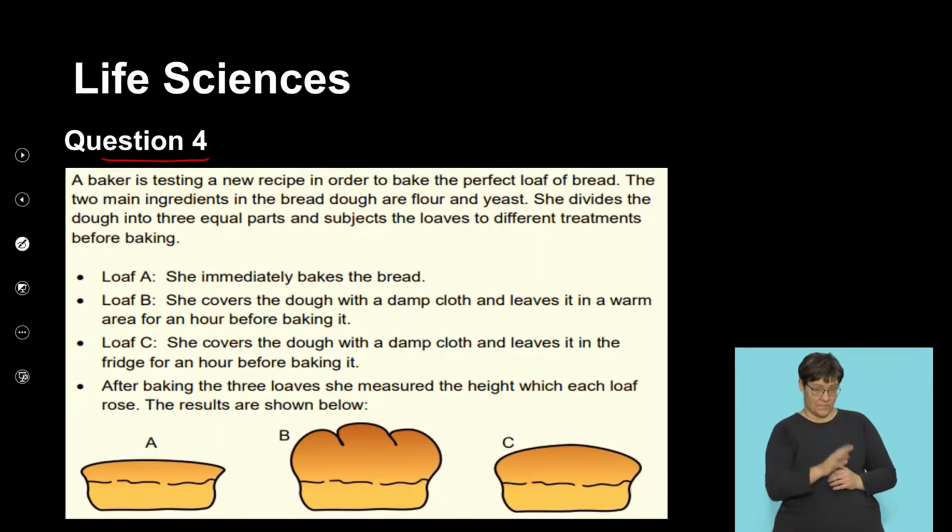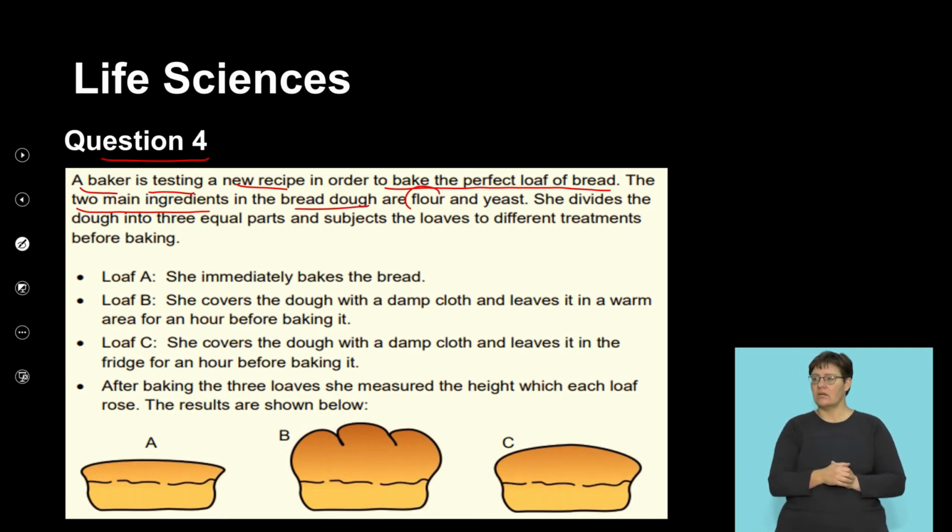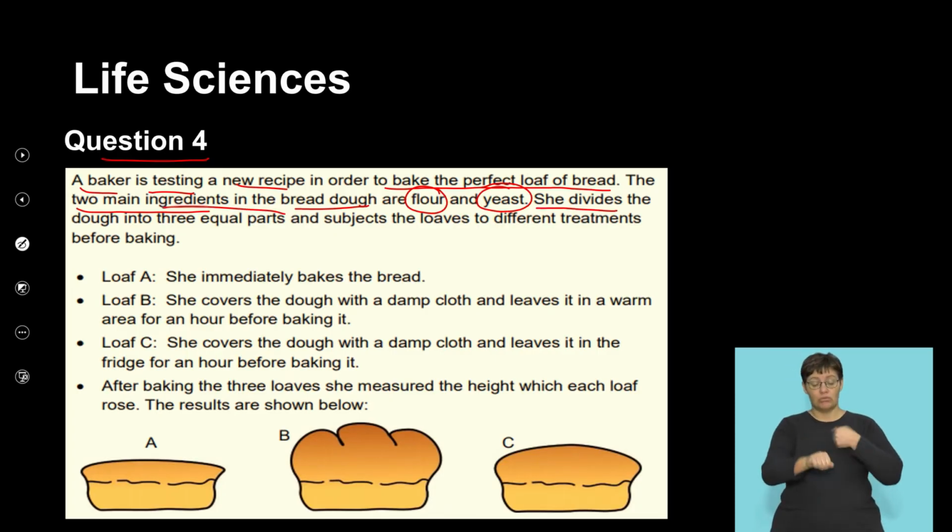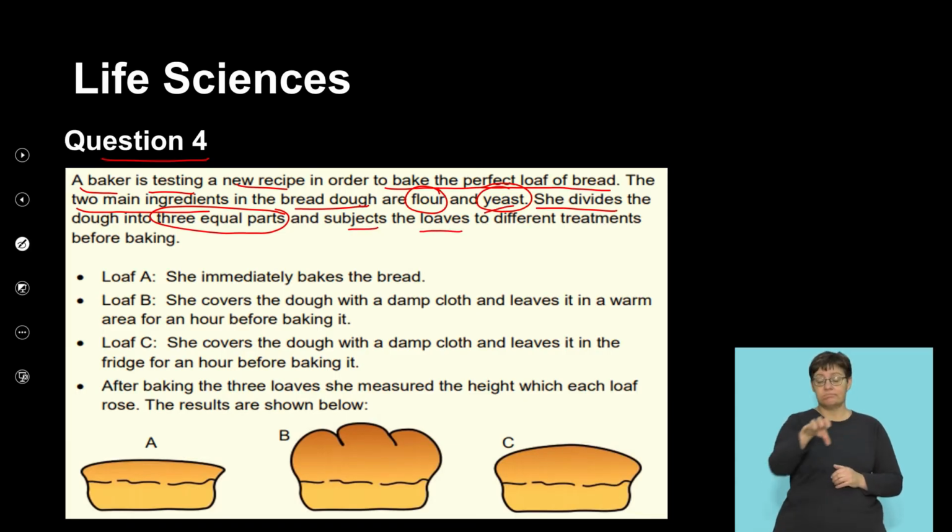Question 4. A baker is testing a new recipe in order to bake the perfect loaf of bread. The 2 main ingredients in the bread dough are flour and yeast. She divides the dough into 3 equal parts and subjects all the loaves to different treatments before baking.